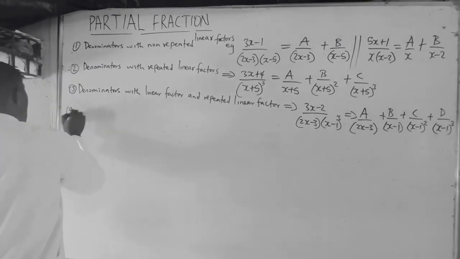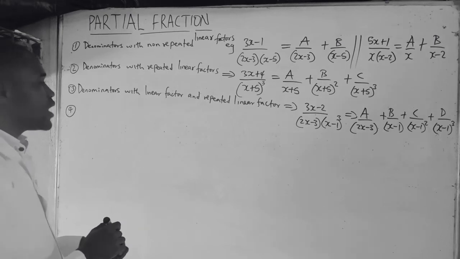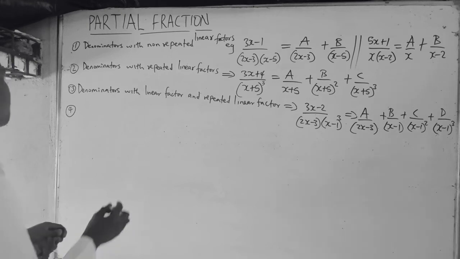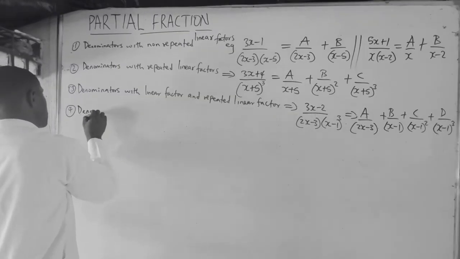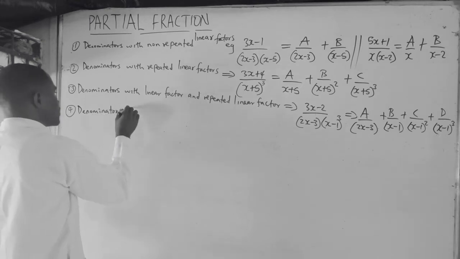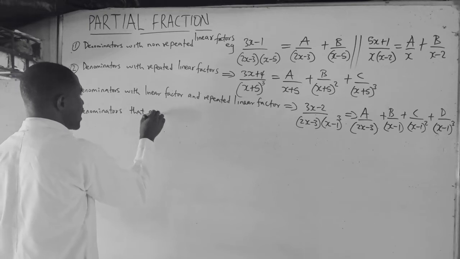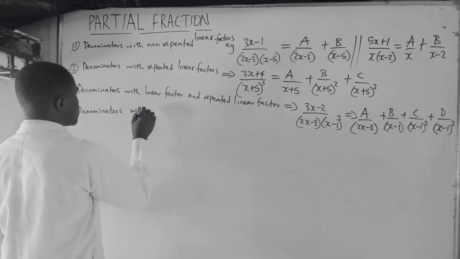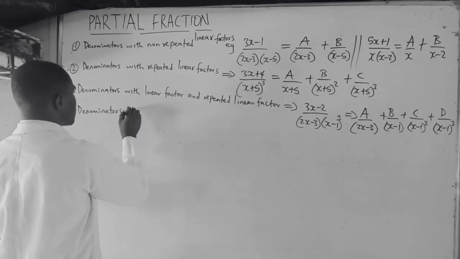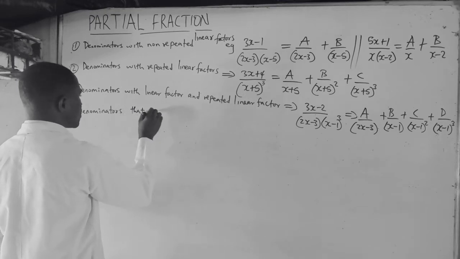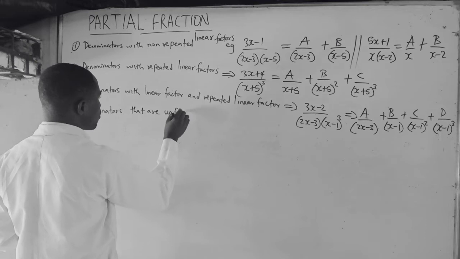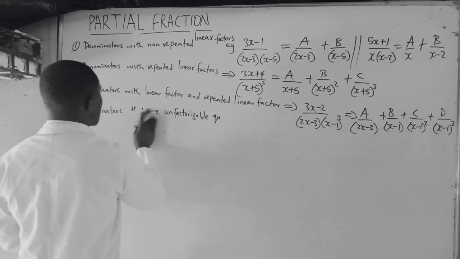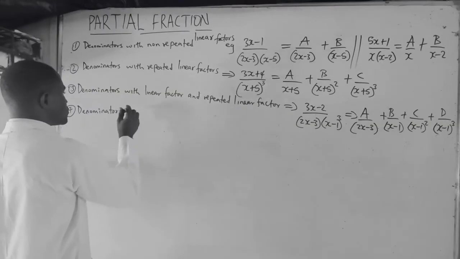Then what if we have denominators with unfactorizable quadratic factors?